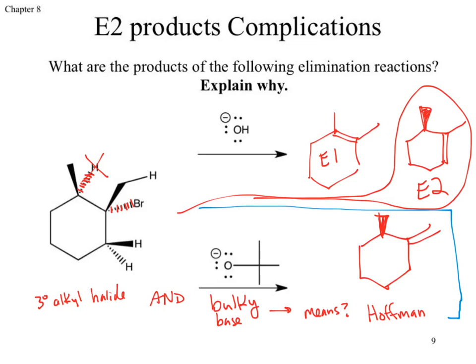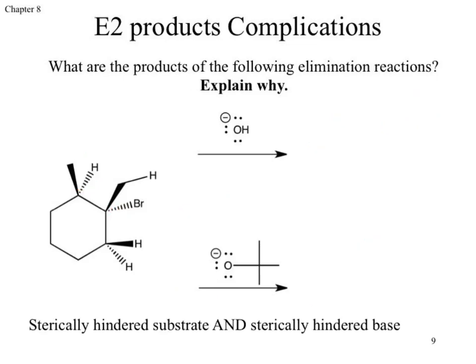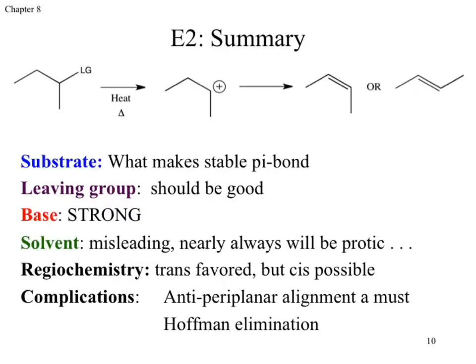Okay, in the interest of time, now I'm going to bump forward, which is exactly what I wrote underneath it. Within our E2 summary, it gets a little bit more difficult. Our substrate is going to be dependent on what makes the stable pi bond. Where have we seen that definition before? Pretty much the same thing as our E1.